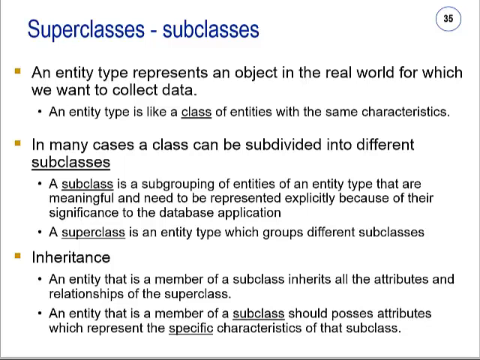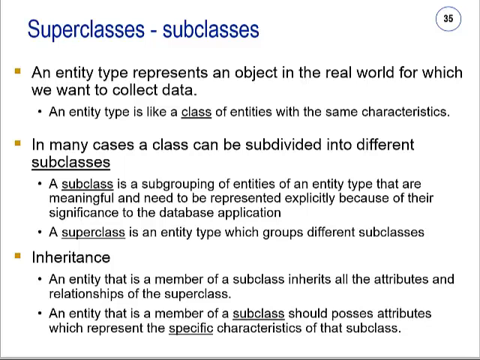So in many cases, as written down on my slide, a class can be subdivided into different subclasses. In our case, the person class can be subdivided into the subclass professor and a subclass student.